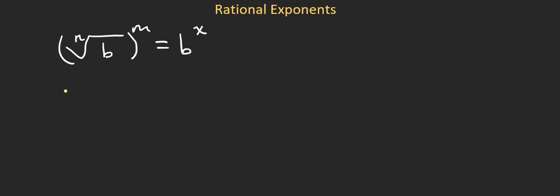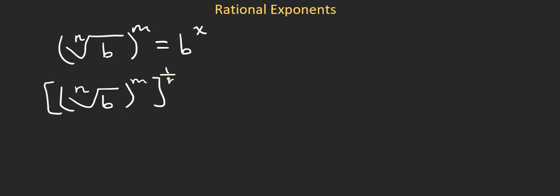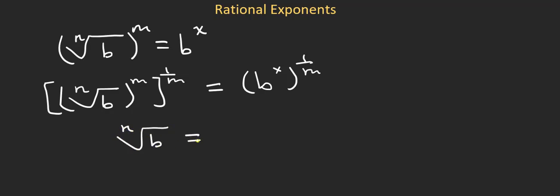If you want to get rid of m, you need to raise both sides to the power of 1 over m. So m and 1 over m cancel out. You get the nth root of b equals, you have the two exponents next to each other, you multiply them out, you get x over m.